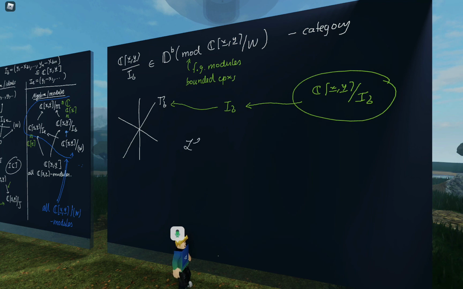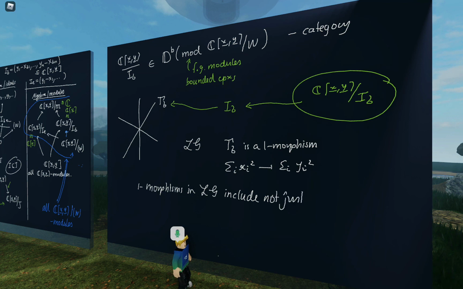Now, when I say that in LG gamma sigma is a one morphism, that this permutation somehow has a representation as a one morphism from a sum of squares to another sum of squares, that's because the one morphisms in LG include not just these sort of patently geometric objects, but also objects of categories like T. T is the thing at the top of the board.